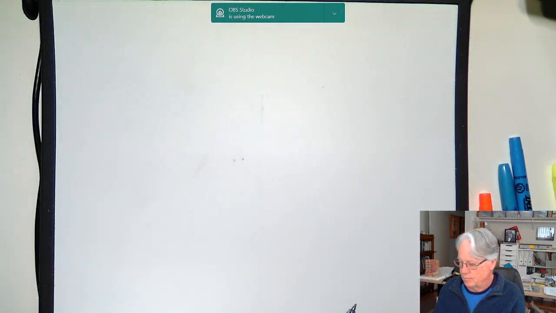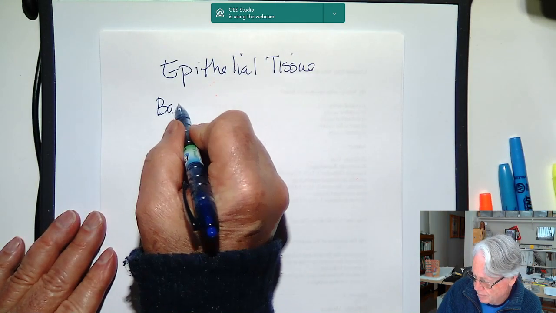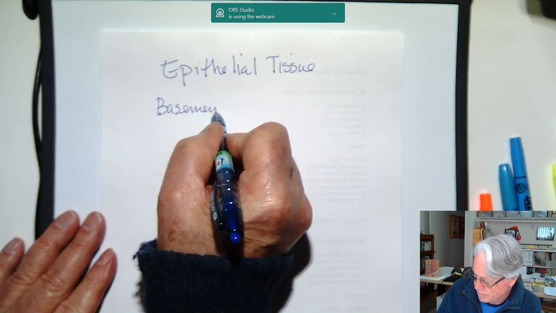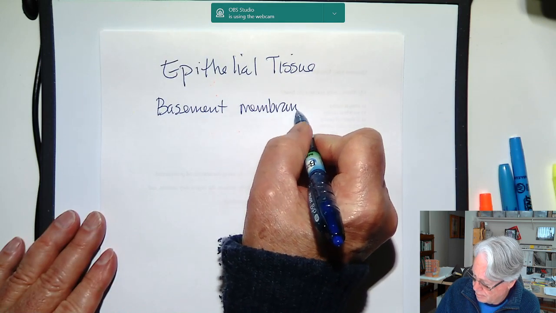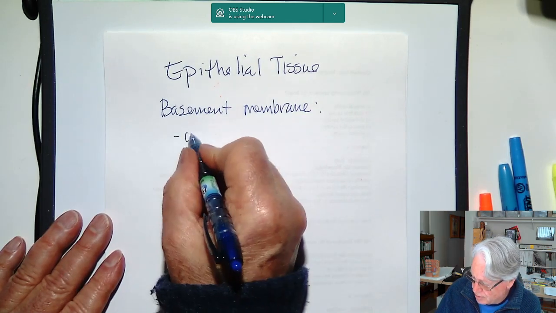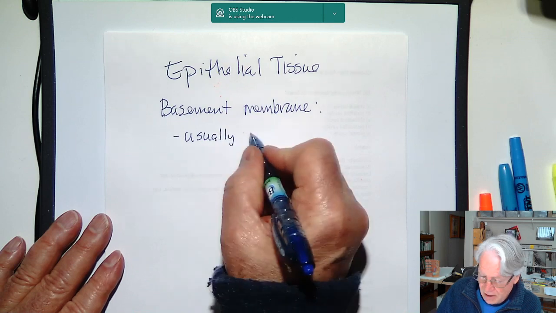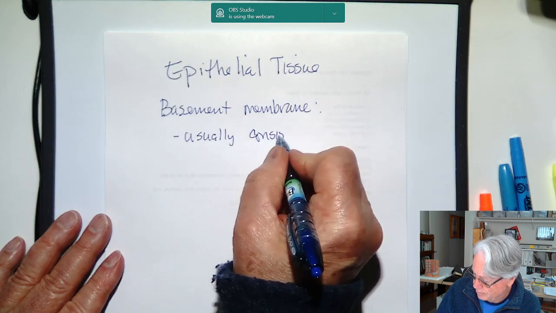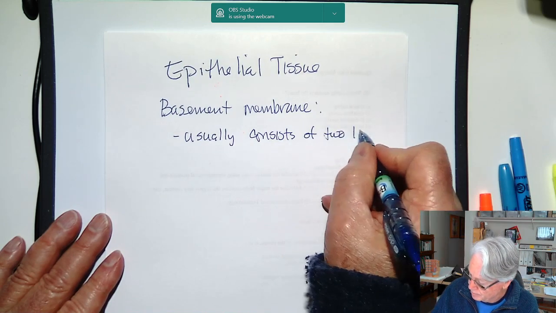Okay, and we'll start off with the basement membrane. It usually consists of 2 layers.